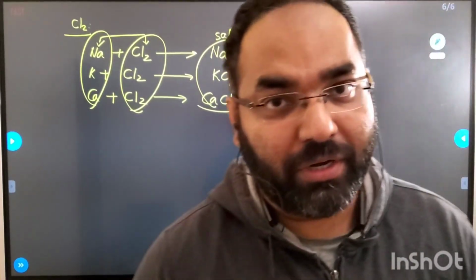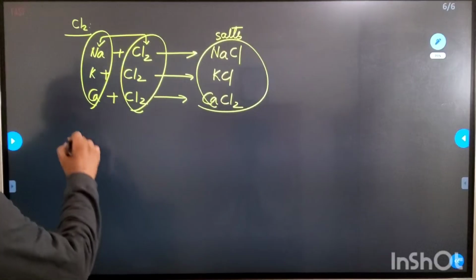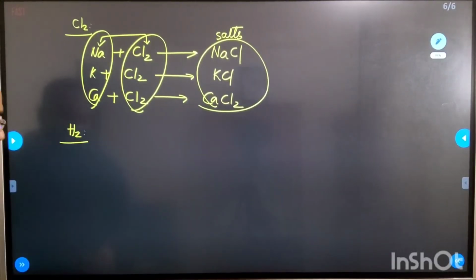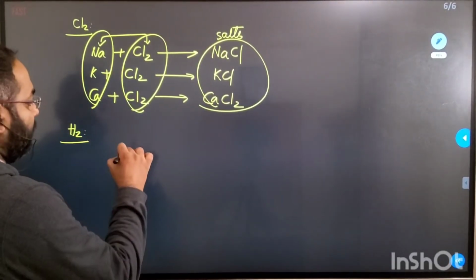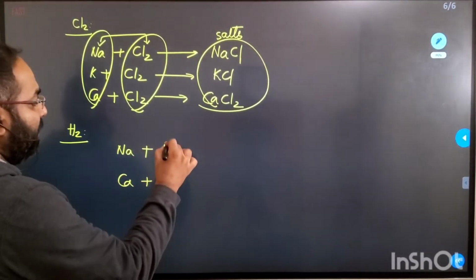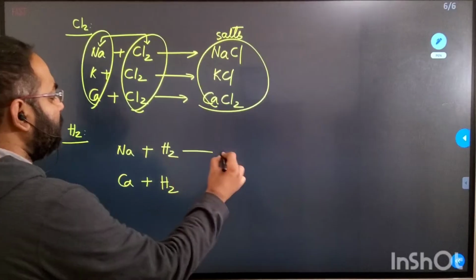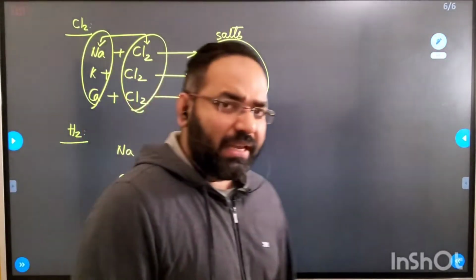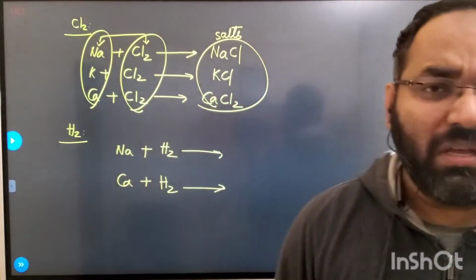When it comes to hydrogen, this is again a very interesting reaction. When you take sodium, calcium, etc., and make them react with hydrogen, all of us know that hydrogen has a dual nature. It can act as a metal, it can also act as a non-metal.